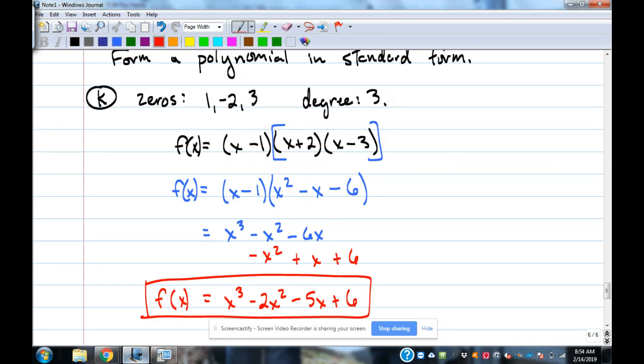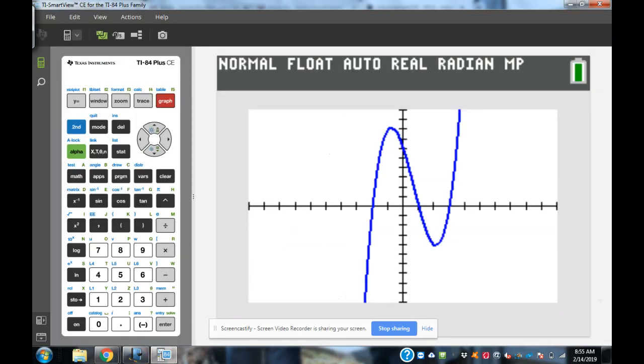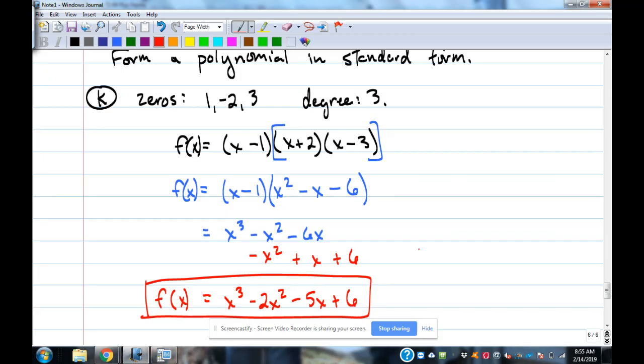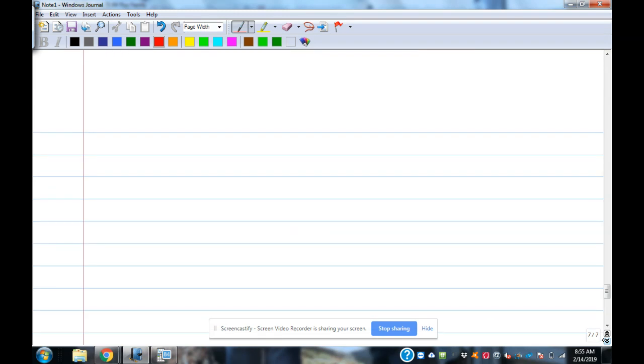Yes. -2, +1, +3. Not likely that you multiplied it all out and got a random polynomial that does the same things as what it's supposed to do. If you made a mistake somewhere, it will show up when you graph it. Okay, so that's easy to do. Let's do one that's a little bit more difficult.